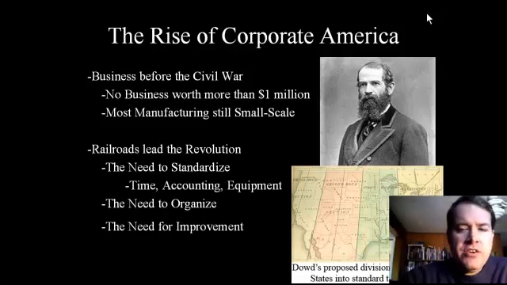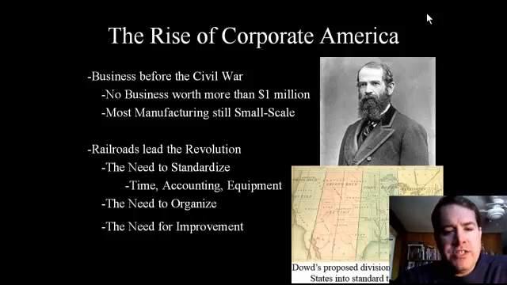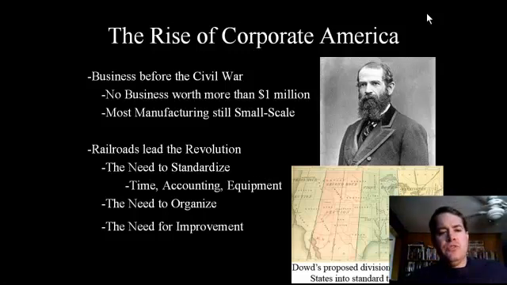He will also start to standardize organization. The rail industry will be the prototype, if you will, the progenitor of the corporate organization. Men like Gould will, in order to make the railroads cost effective, divide them up according to region and according to function.